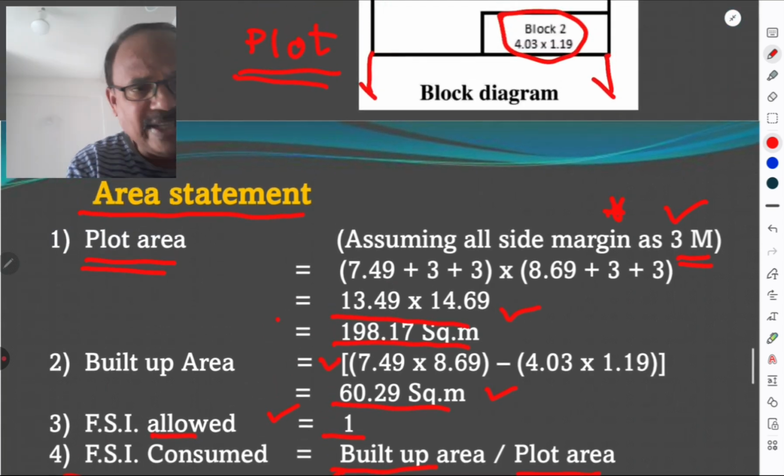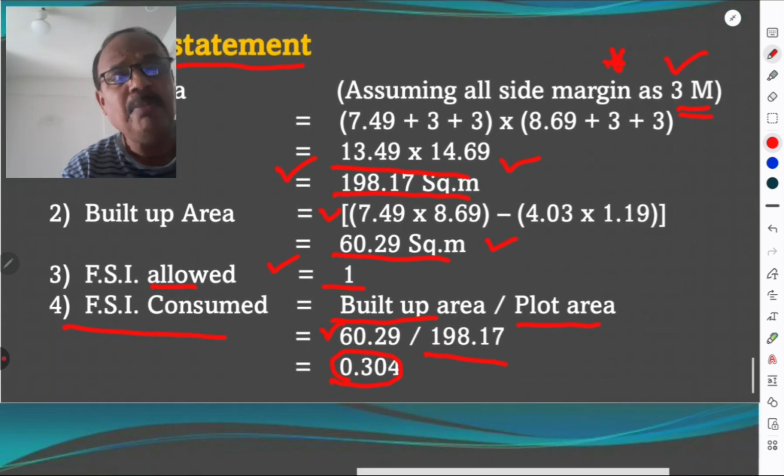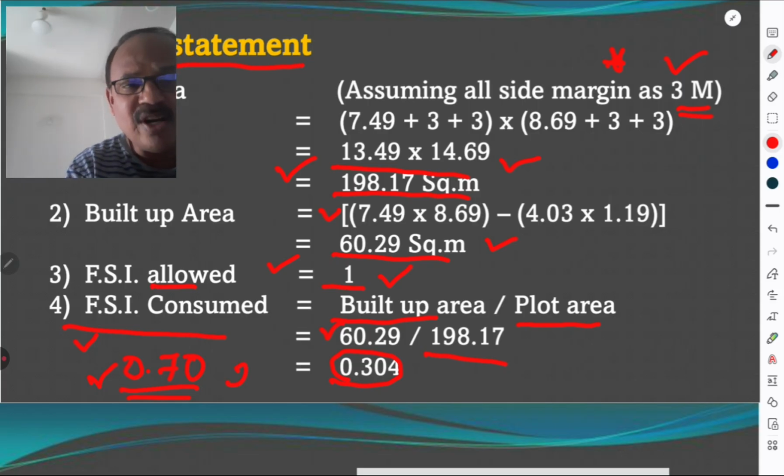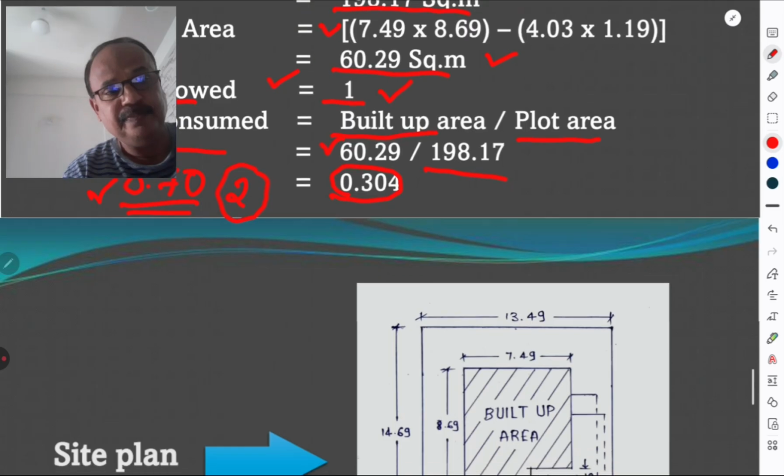Built up area divided by plot area, we get the FSI, that is floor space index, that is 0.3. So we can construct up to 0.70 more when FSI is 1. So there is allowance of 0.70. So we can construct another 2 floors in this plot.